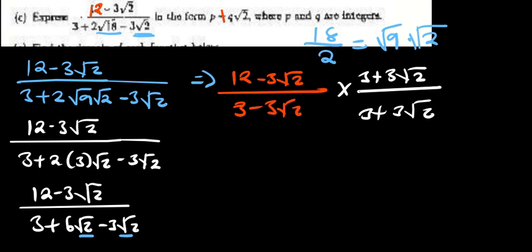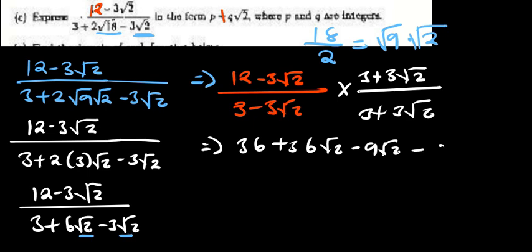12 times 3. What is 12 times 3? 36. 12 times 3 root 2 is still 36 root 2. 3 times 3 is negative 9 root 2. Negative 3 times that is going to give me the same, negative 9. Now root 2 times root 2 is just 2.